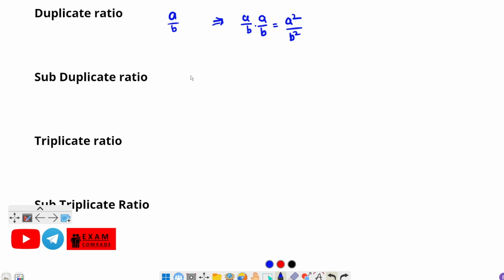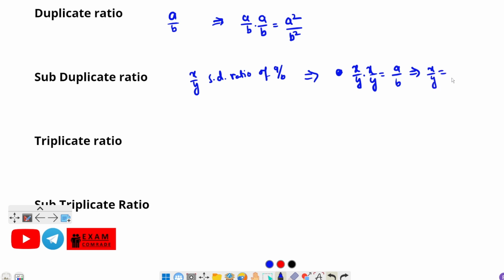If let's suppose x by y is the subduplicate ratio of A is to B, then we can write x by y into x by y is equal to A by B. That is nothing but x by y is equal to under root A by under root B. This is subduplicate ratio.